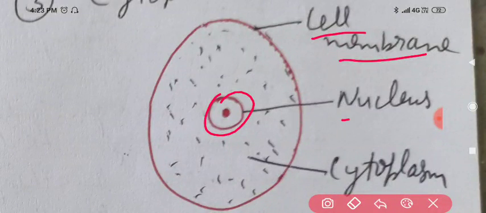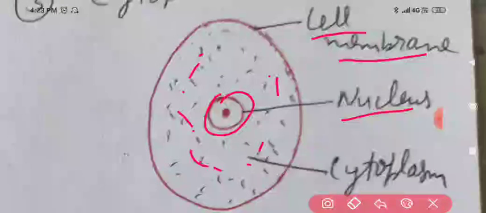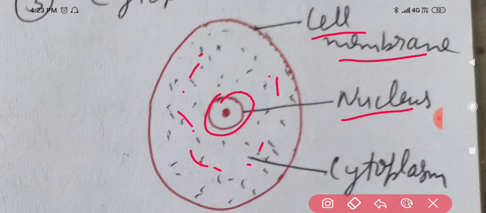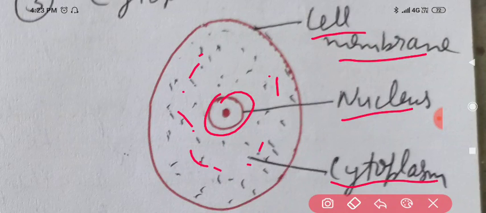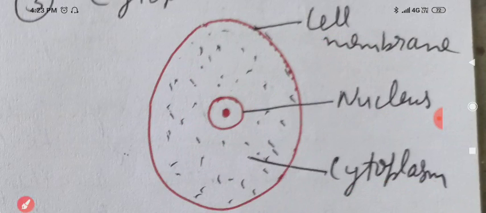Inside we have the nucleus, and this jelly like substance which is filled between the cell membrane and nucleus is called cytoplasm. Clear? So this is the diagram, my dear students. It consists of cell membrane, nucleus and cytoplasm.